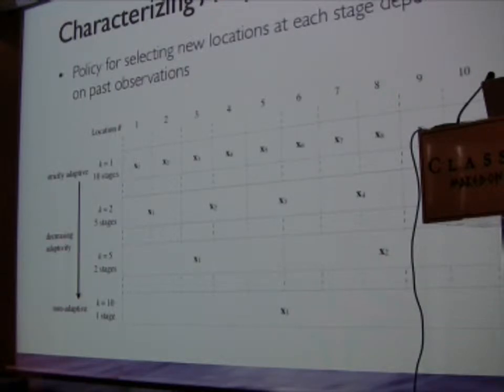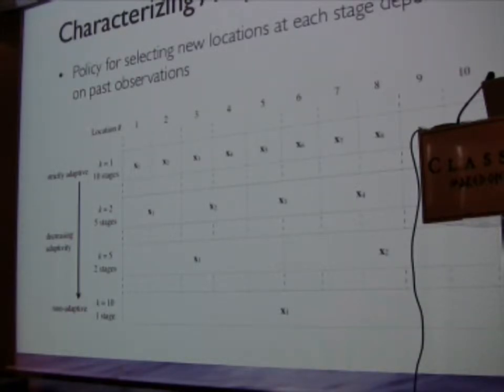It does not depend on past observations. It selects all the locations to visit, denoted by this X1 at the bottom, and this is done in one stage. On the other hand, if I want a strictly adaptive policy, every new location I select is going to depend on all the past observations that I have in order to make my decision.